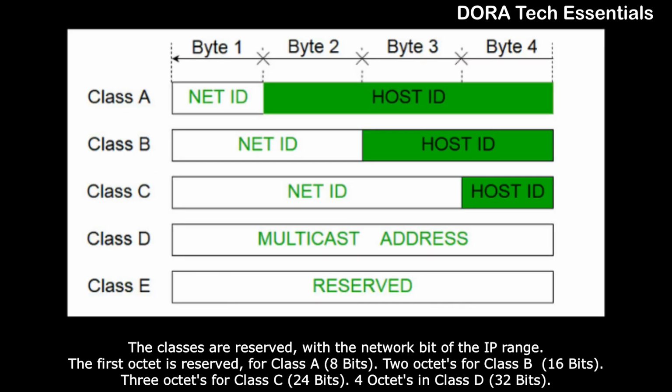The classes are reserved with the network bit of the IP range. The first octet is reserved for class A, 8 bits. 2 octets for class B, 16 bits. 3 octets for class C, 24 bits. 4 octets in class D, 32 bits.